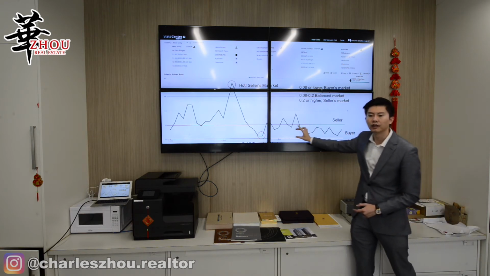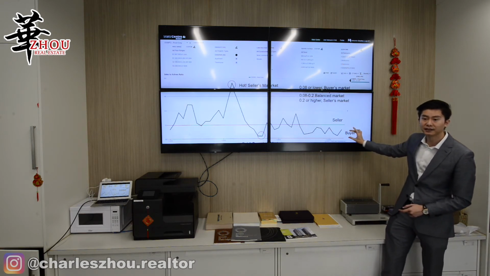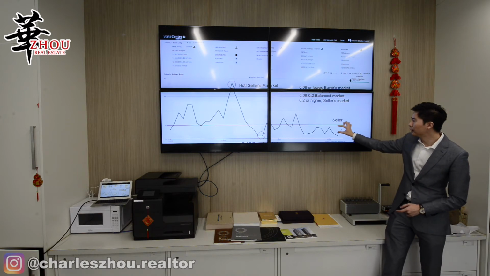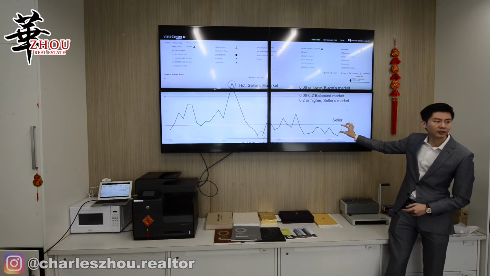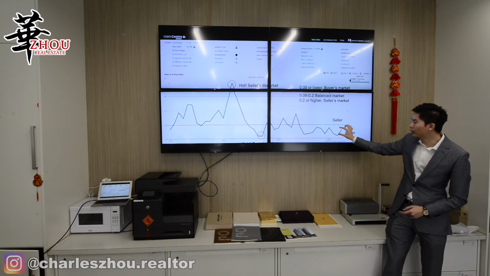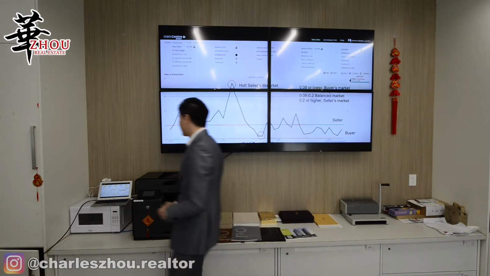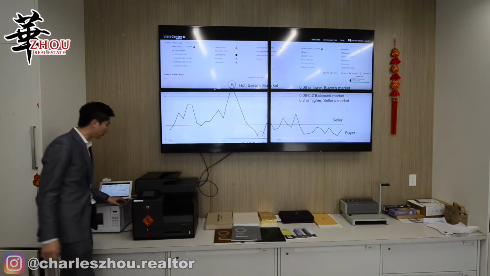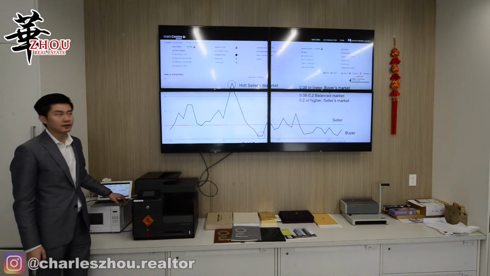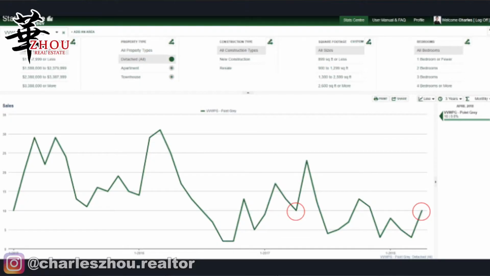It's a flat market, probably around balanced. It's not very hot, it's not very cold, but it's more towards the buyer's market. So they have to understand the market is not very good for sellers, so you cannot price it very, very high.